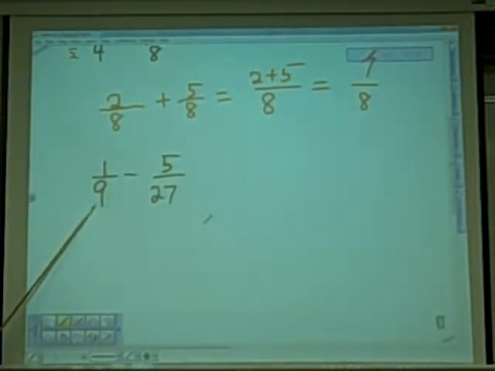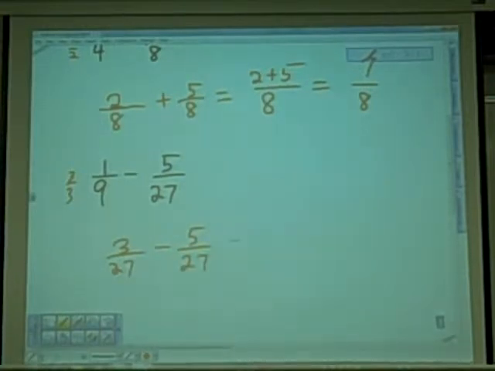Yeah, we can multiply 9 times what? 9 times 3. So we're going to multiply 3 over 3 here, right? And so that'll be 3 times 1 is 3, 3 times 9 is 27. Minus 5 over 27. And so our common denominator is 27.